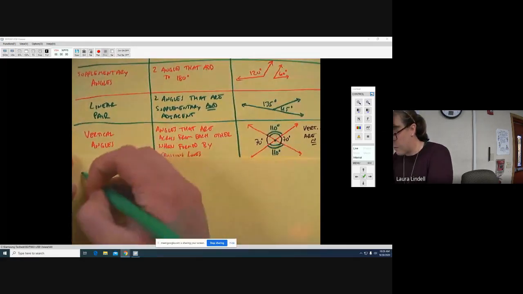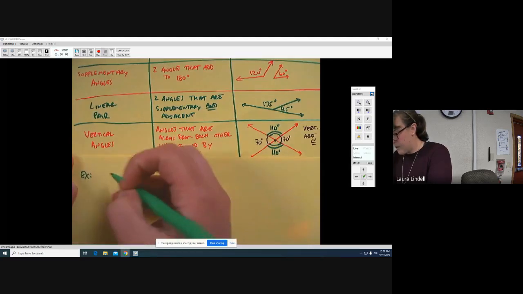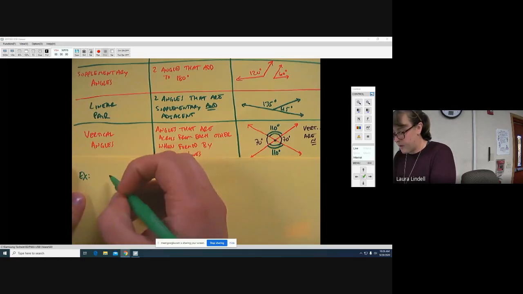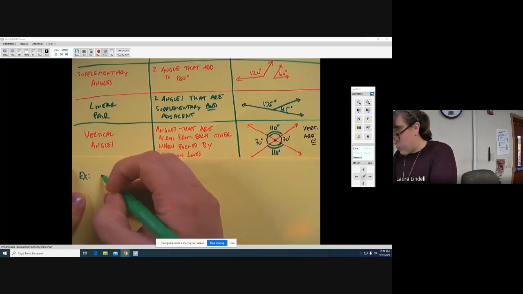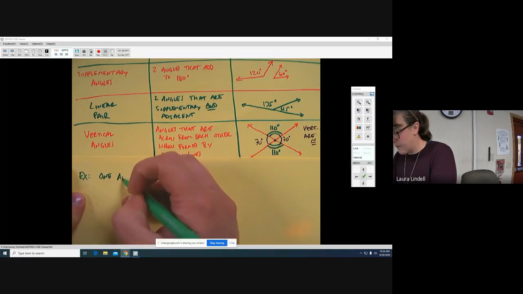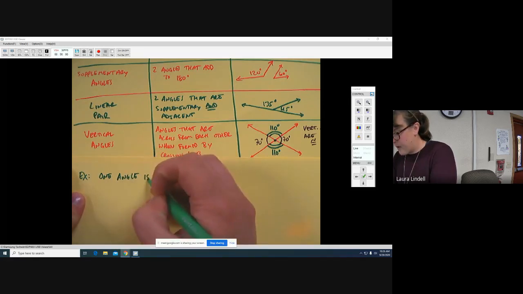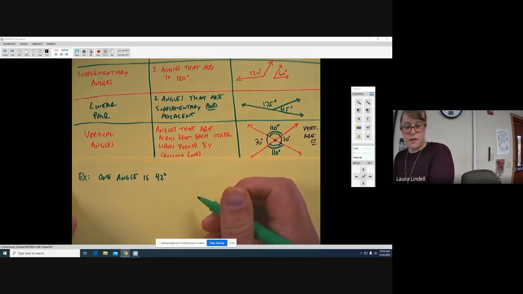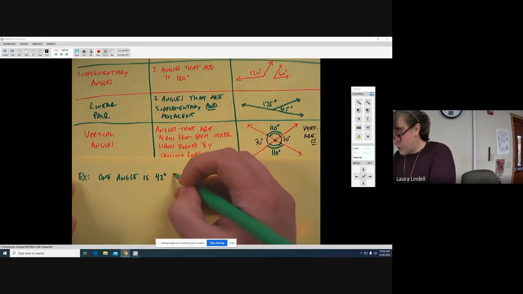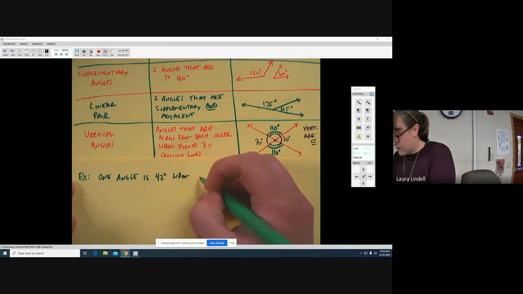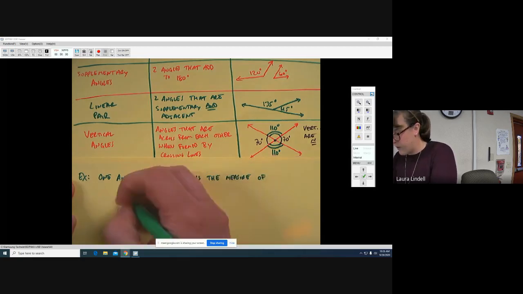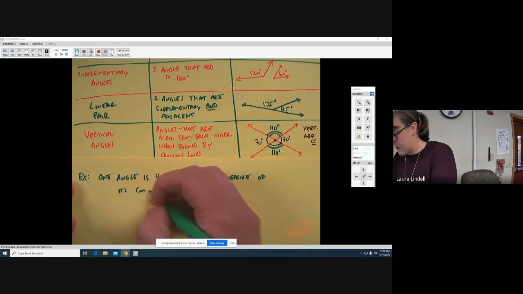So the easy example. We might be told something like one angle is 42 degrees. What is the measure of its complement?